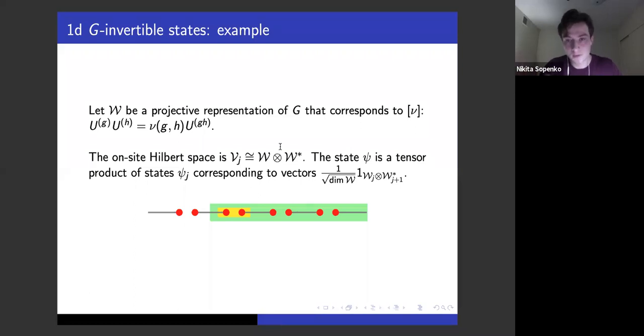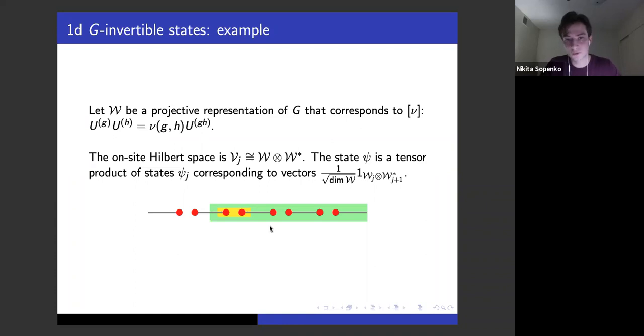And the state that we consider is what is called an entangled pair state. It's just a maximally entangled state between the spaces W and W star on two different sites. So each site is entangled with each of its neighbors, but the total state is non-trivial.